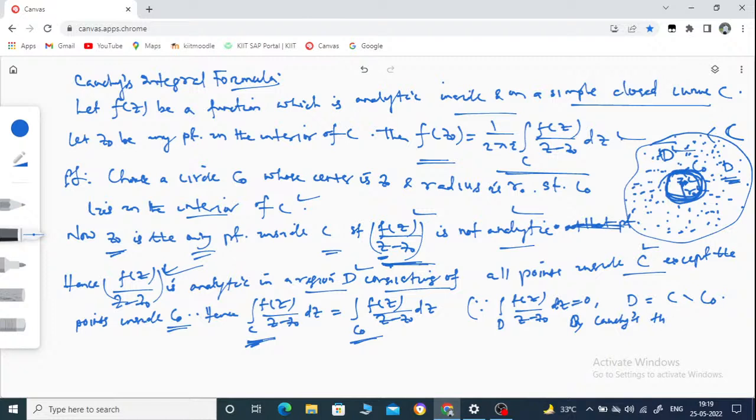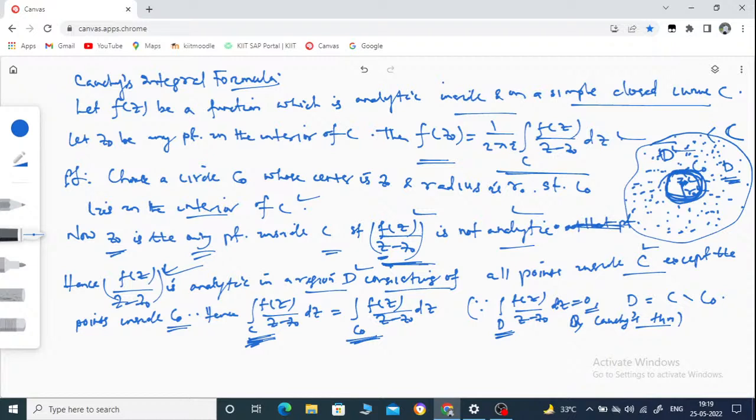Cauchy's theorem says that if a function is analytic in a region D or in a region C, then its integration over that region or over that curve C is 0. I already told you this Cauchy's theorem. So now integration over C means integration over C naught.